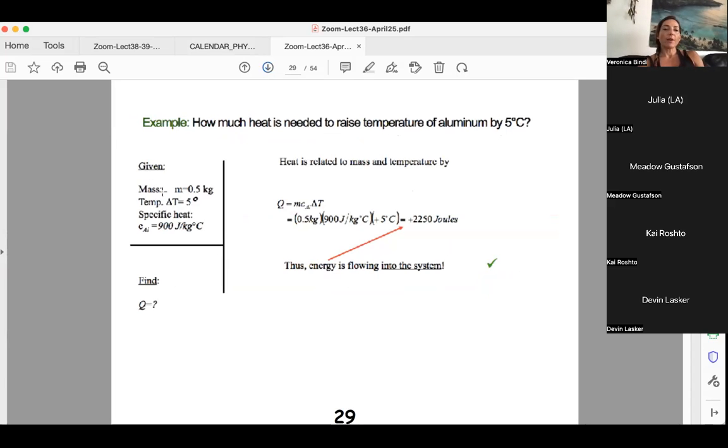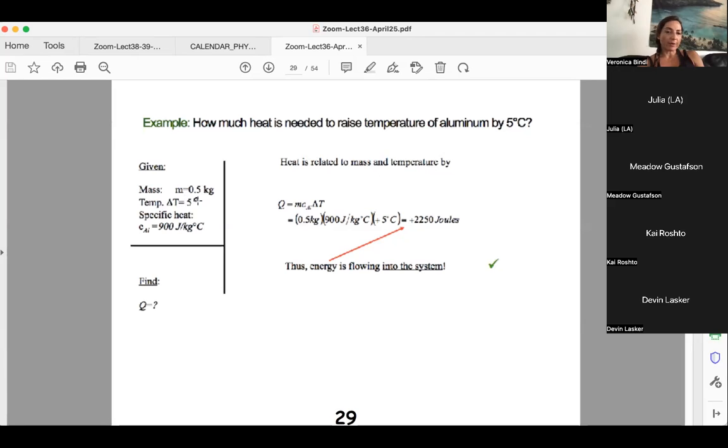So what you have, the mass is 0.5 kilogram. The temperature delta T is 5 degrees Celsius. So it is positive, right? We are providing heat to the system to raise the temperature. So of course it's positive here.